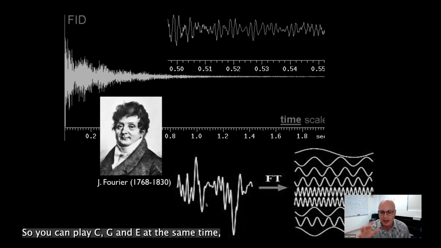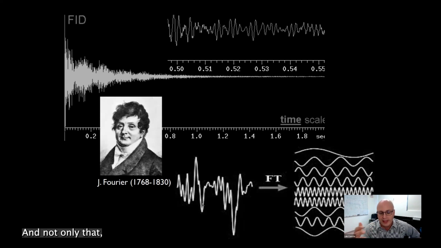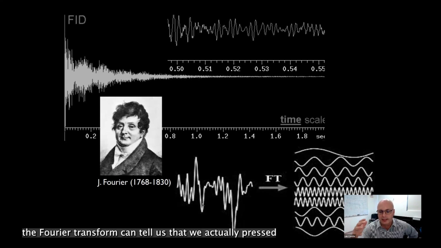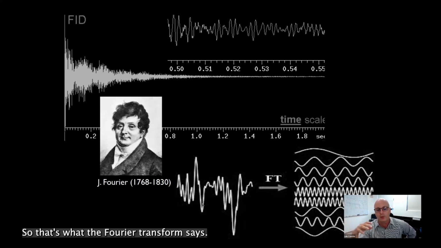You can play C, G, and E at the same time. It will sound like a chord, but the Fourier transform says that this is just 3 keys that are pressed in unison. And not only that, the Fourier transform can tell us that we actually pressed the key of C a little bit harder than we pressed the other 2 keys. So that's what the Fourier transform says.